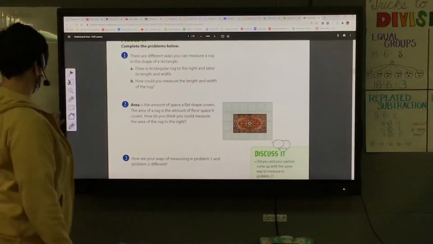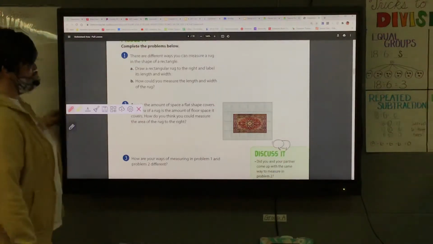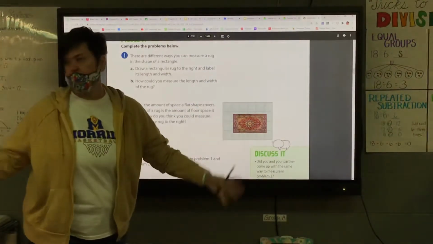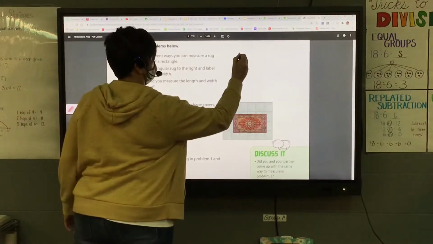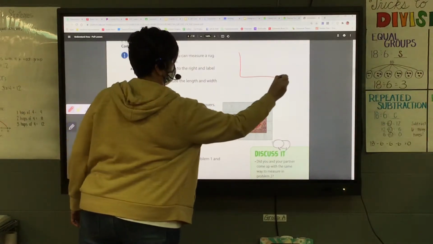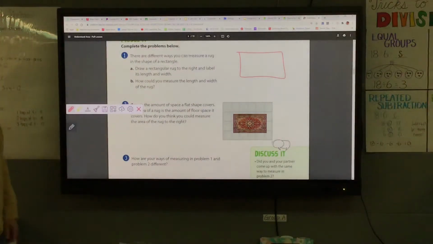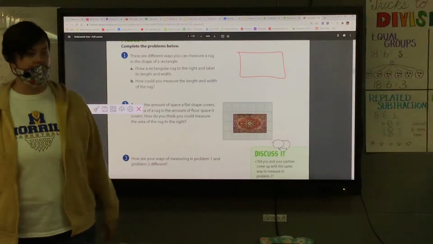Okay, let me get a writing utensil here. So let's draw a rectangular rug. So just a rectangle box, right? Let's draw that rectangle box. It says to label its length and width.